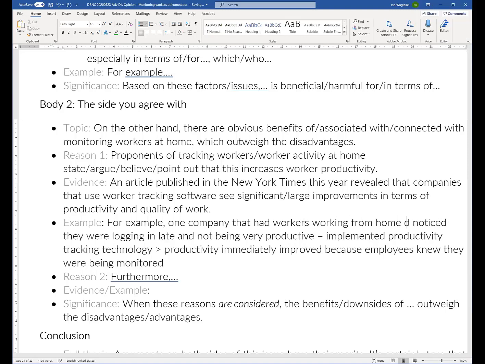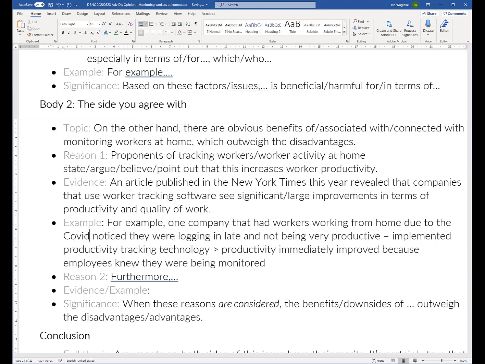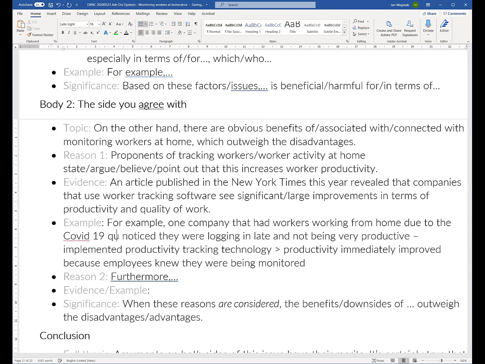We have to put in between two commas, like, working from home due to the COVID-19 quarantine. Noticed they were logging in late and not being very productive.